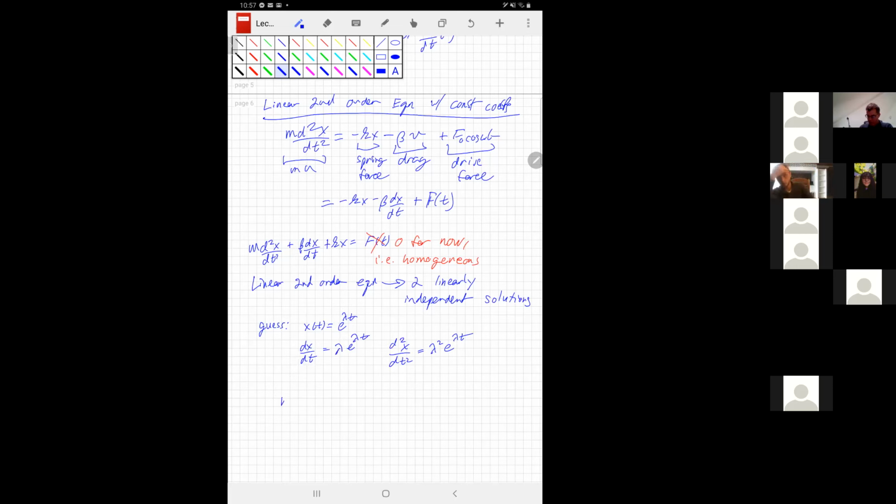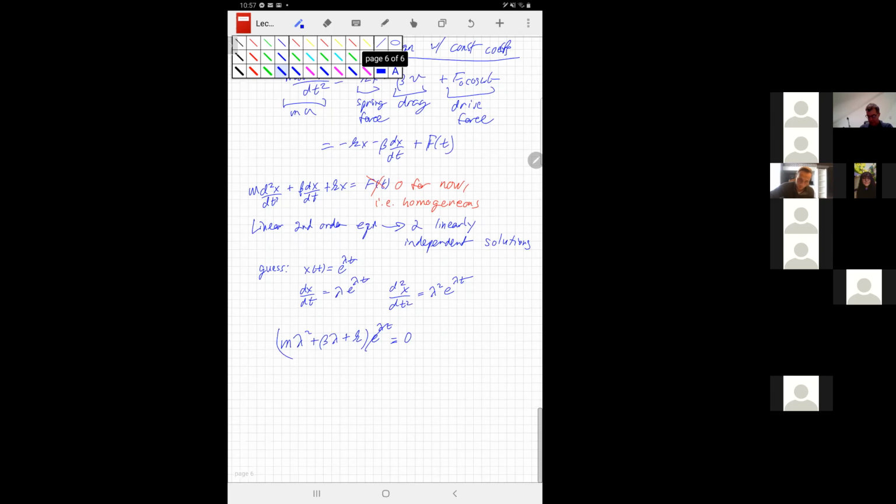And so we're going to get m lambda squared plus beta lambda plus k, whole thing times e to the lambda t, equals 0. You can cancel that, and now we just have an equation to solve for lambda.